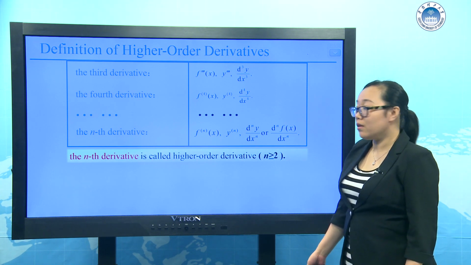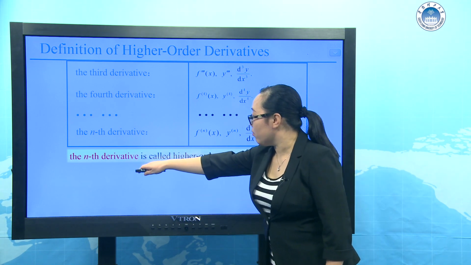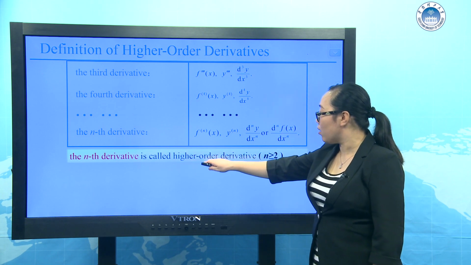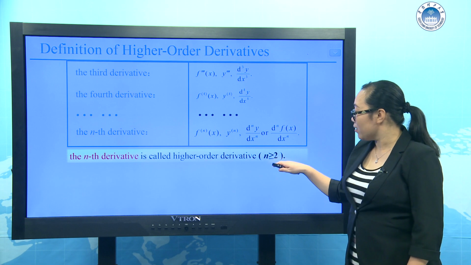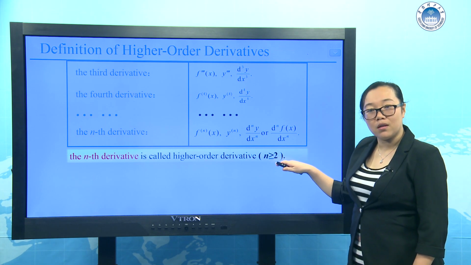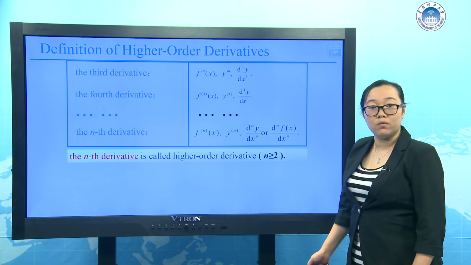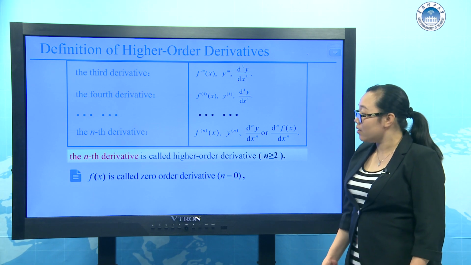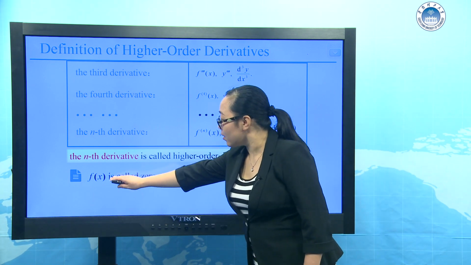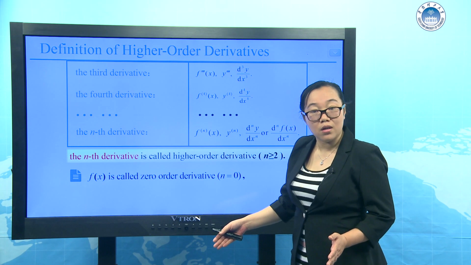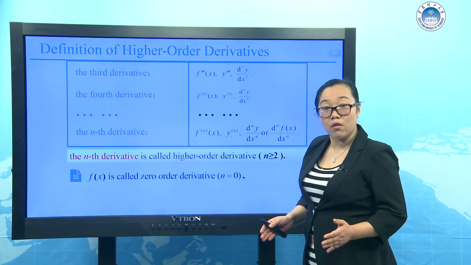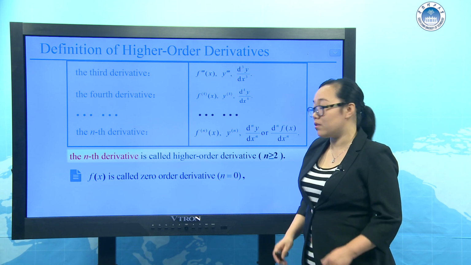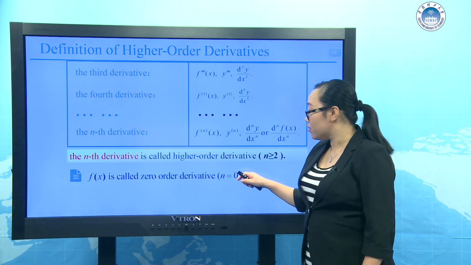So correspondingly, the nth derivative is called the higher order derivative. Higher means the number n is greater than or equal to 2. Correspondingly, we can also consider f(x) itself. Order zero means the function itself, the original function, so n equals 0.